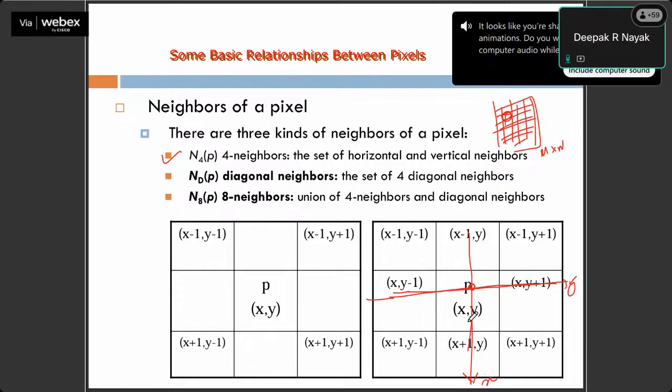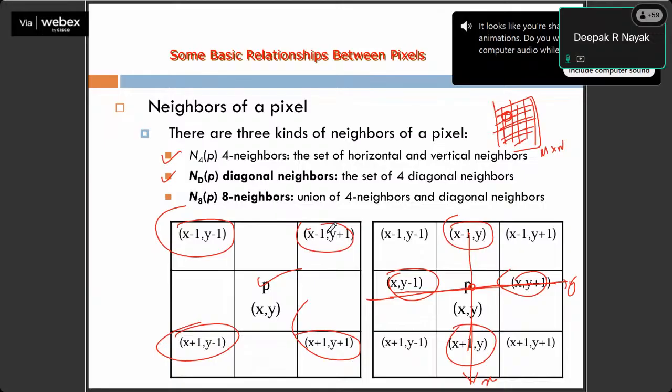It is very, very important for us to know the coordinates of all the neighbors. Whenever you are considering the two vertical neighbors and two horizontal neighbors, we call them four neighbors. There is another neighborhood model, known as ND of p, the diagonal neighbors. Whenever you choose these four neighbors of a particular pixel p, they are known as diagonal neighbors.